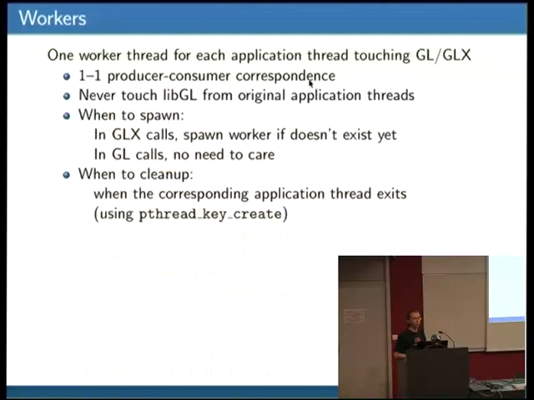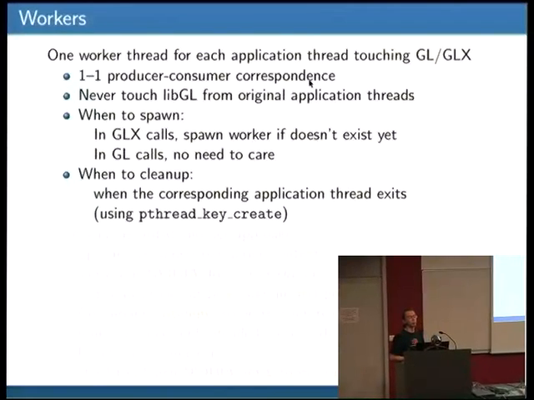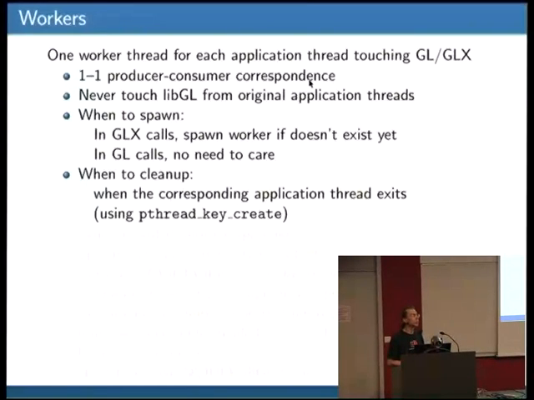And surprisingly, it is possible to easily clean up the secondary thread using the pthread keys mechanism. So you can register a destructor that will run when the current thread is torn down, and so when the application thread exits, it can also cause the worker to exit.